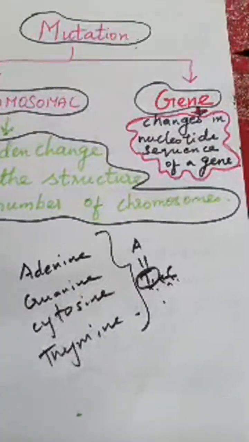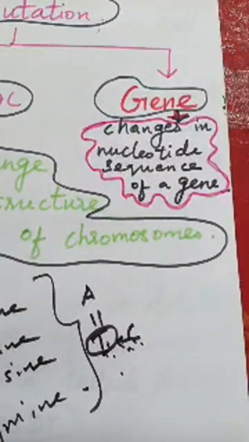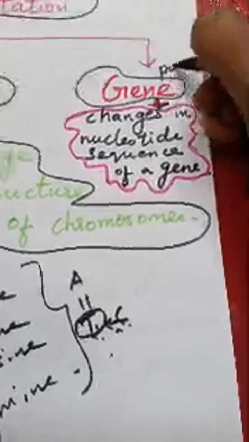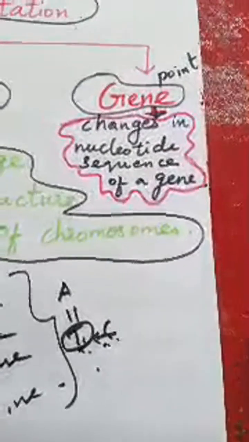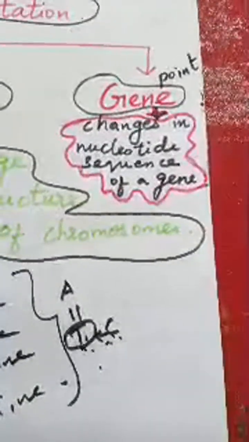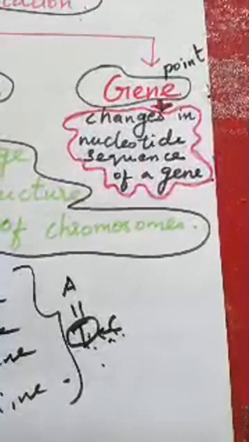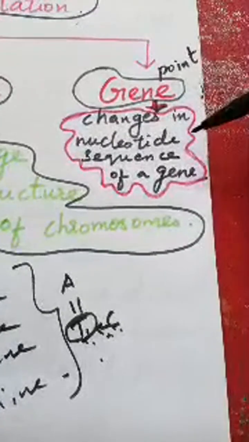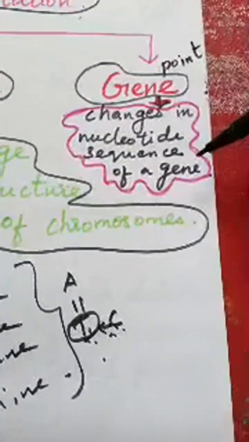And then gene mutation is nothing but a point mutation, we can say. Gene mutation is also known as a point mutation, and this mutation changes the nucleotide sequence of a gene. Clear? It will be a change in the nucleotide sequence of a particular gene. Understood?